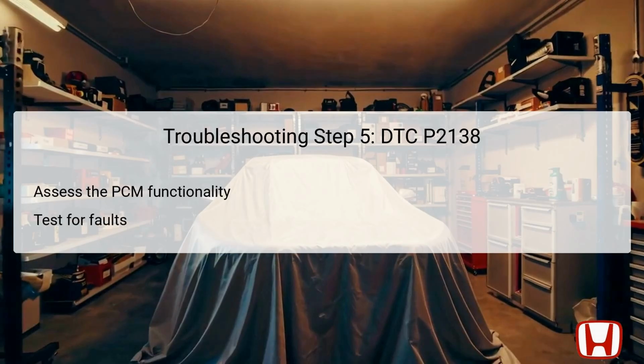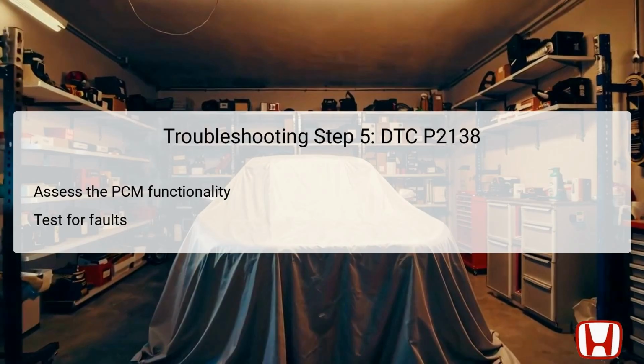The final troubleshooting step concerns assessing the powertrain control module, PCM, for functionality. If previous tests confirmed that both APP sensors and their circuits are operational, yet the DTC remains, the issue likely lies within the PCM itself.